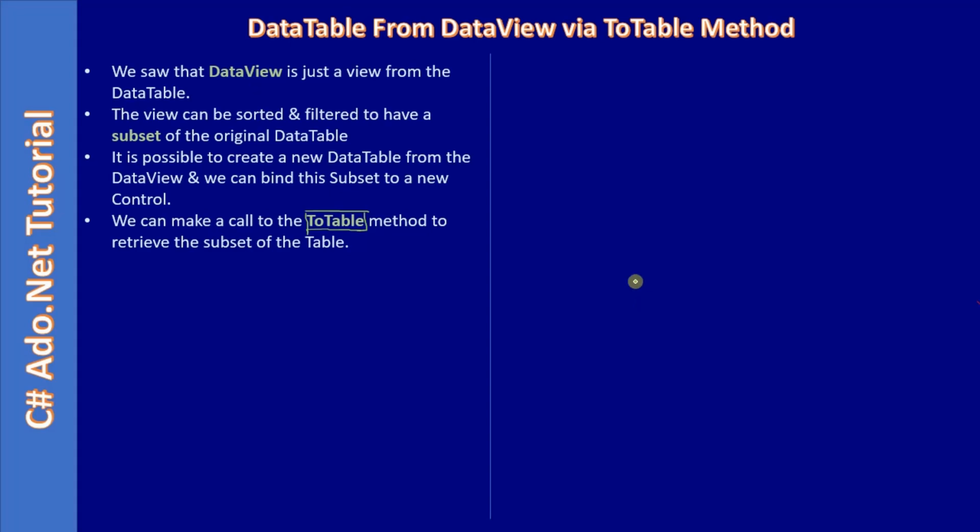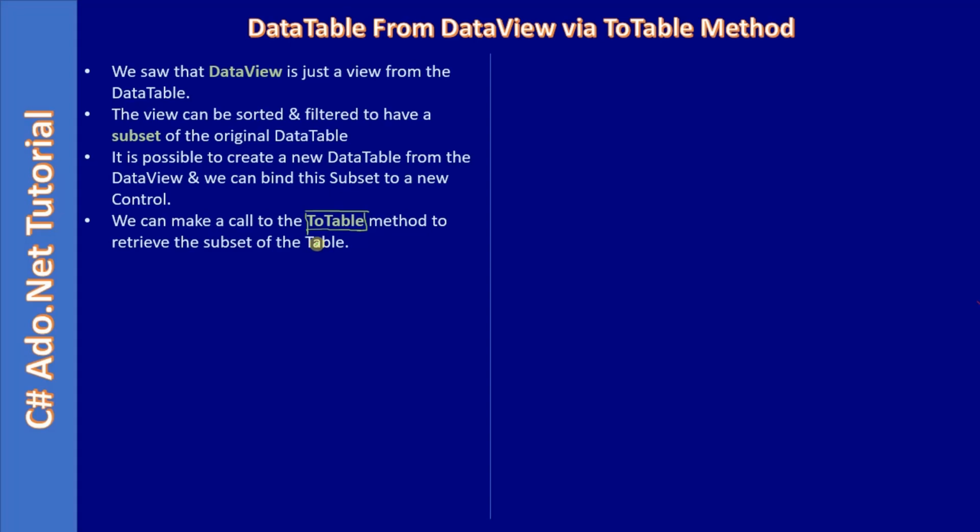In the constructor, you can supply the data table, but we used the default view property in all our previous videos. But when you have a filtered set of rows in the data view, you can make use of the ToTable method that will form a data table from the filtered or sorted result. That way you can have a new data table with a subset of data.